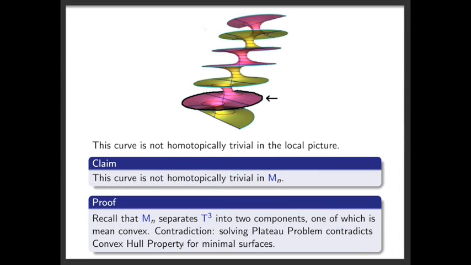We can solve the Plateau problem and find a minimal surface bounded by this curve, but this curve does not bound a disk in the small ball where this Riemann minimal example appears. So the minimal disk has to leave the ball, but that contradicts the convex hull property for minimal surfaces.